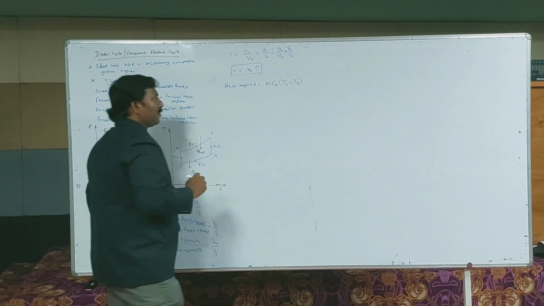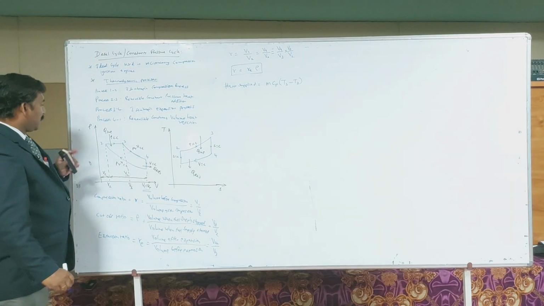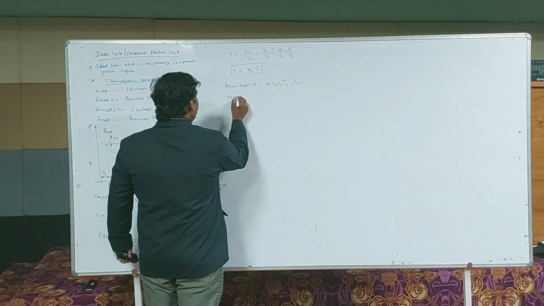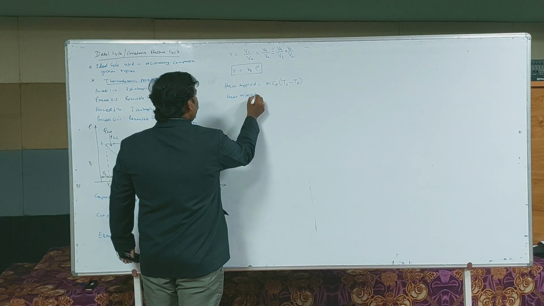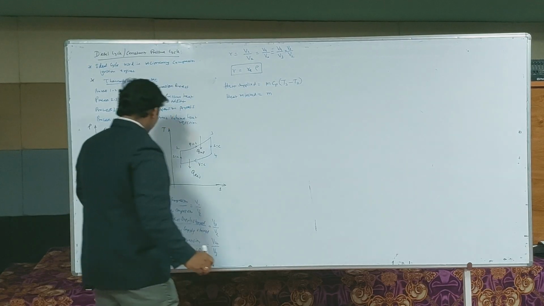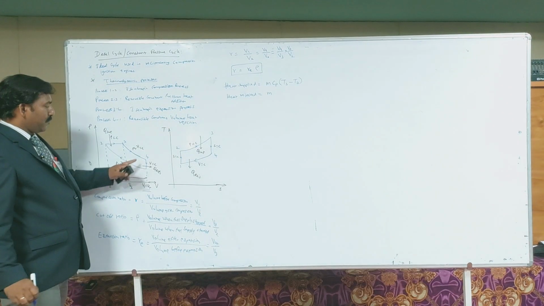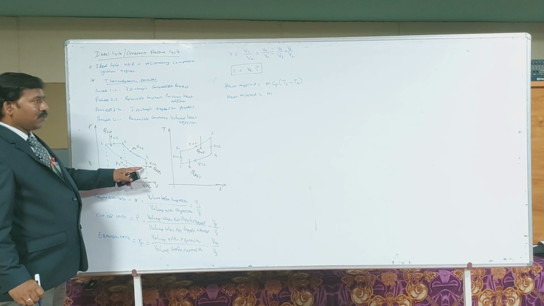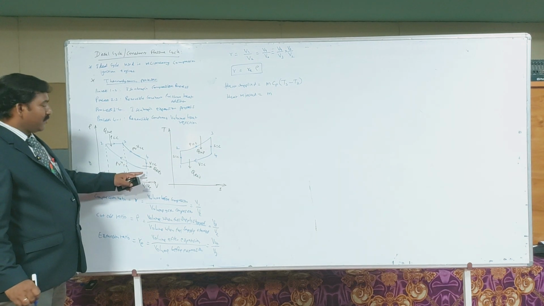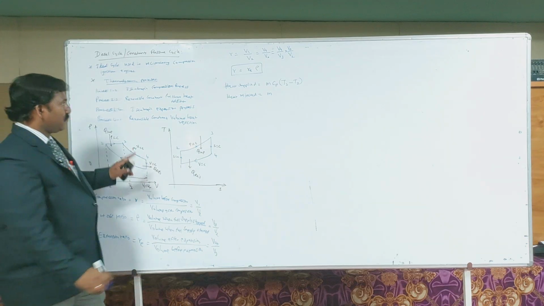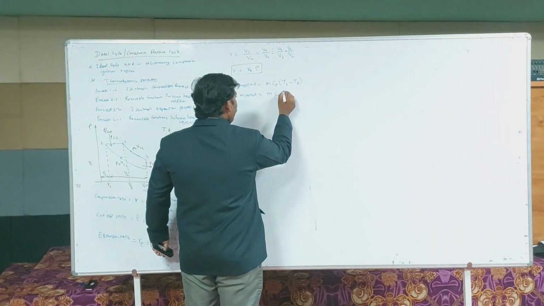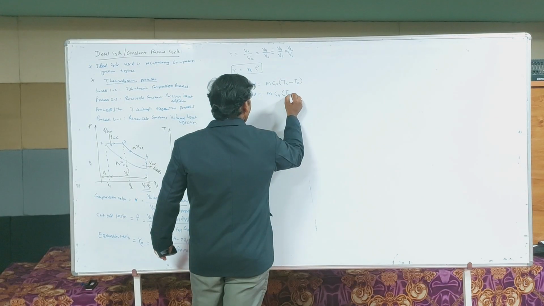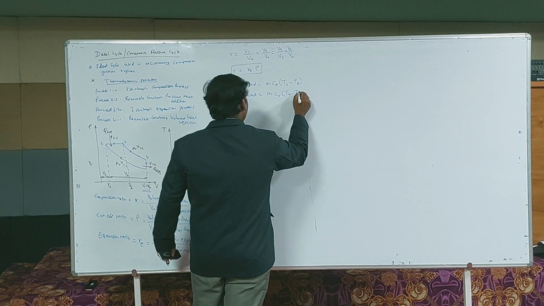So mCp into T3 minus T2, this is the heat supplied, and we have to find the heat rejected. Heat rejection takes place in the process 4 to 1, which is at constant volume. Therefore, mass into Cv into, after heat rejection the state is T1 and before heat rejection the state is T4. So we write T4 minus T1.